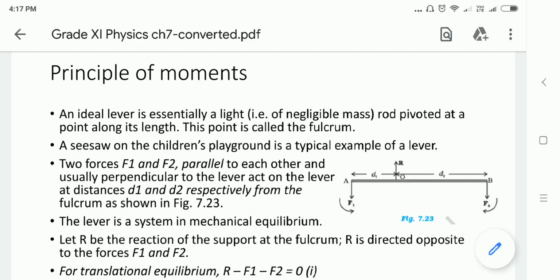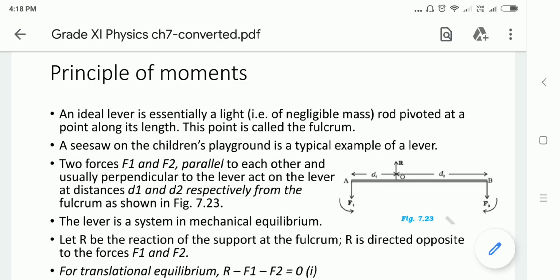In the case of a lever, force F1 is usually some weight to be lifted. It is called the load, and its distance d1 from the fulcrum is called the load arm. Force F2 is the effort provided to lift the load, and its distance d2 from the fulcrum is the effort arm.